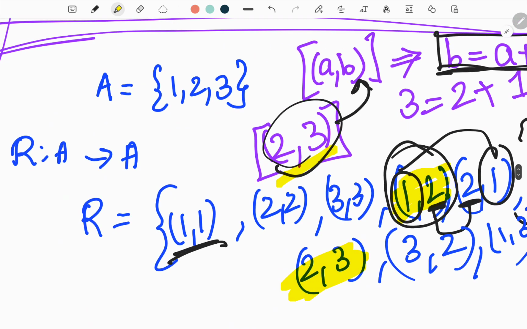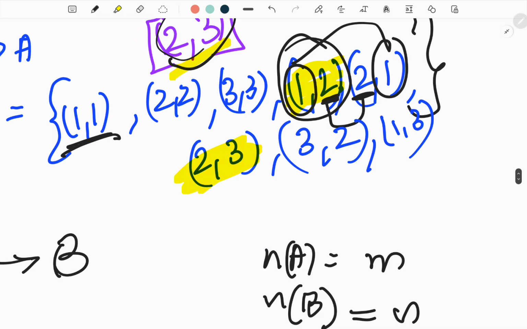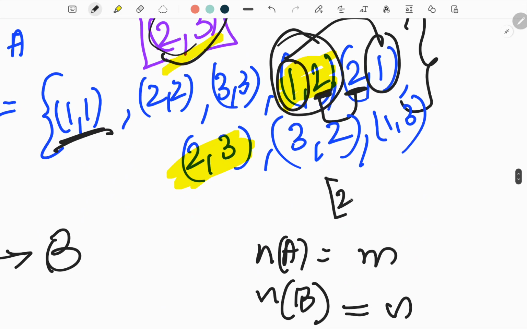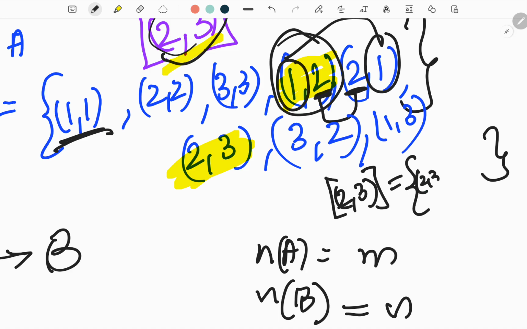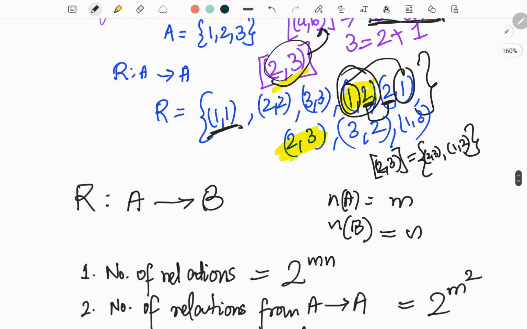Now, after that, the other possibility could be (3,4), but as you can see in the set A the element 4 is not there, so there is no other element which satisfies this condition. So in this particular example the equivalence class of the element (2,3) will be the set {(2,3), (1,2)}. This is known as the equivalence class.